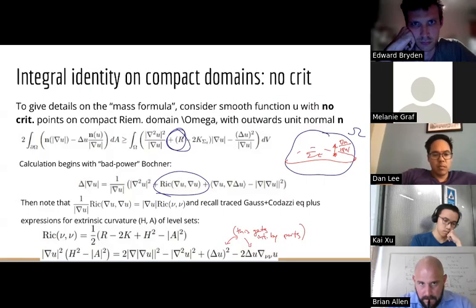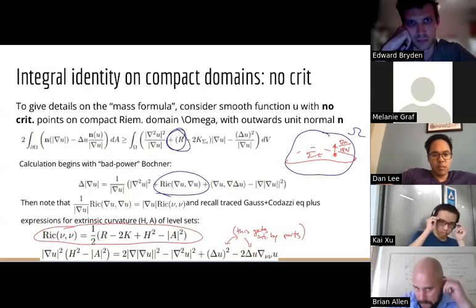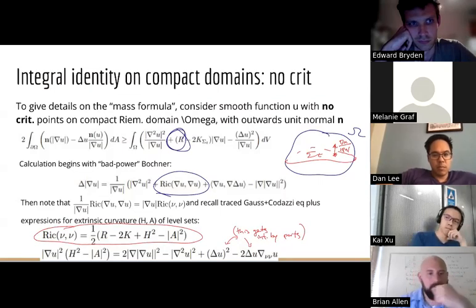And so you can then take a look at the traced Gauss and Codazzi equations, which allow you to express ambient curvature in terms of curvature of a submanifold and the extrinsic curvature of that submanifold. That's what the Gauss-Codazzi equations allow you to do.